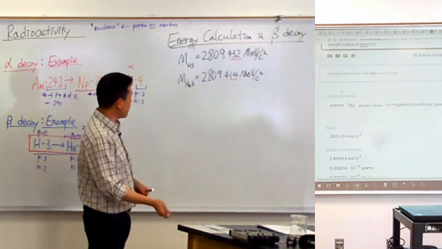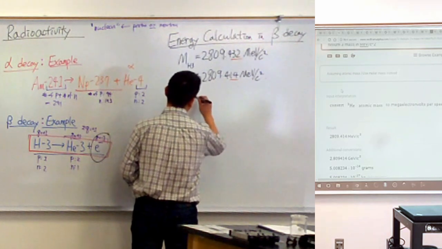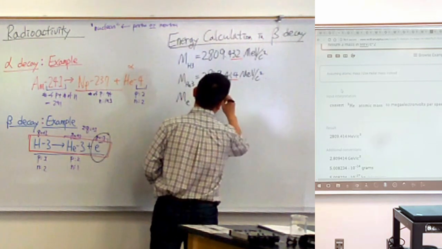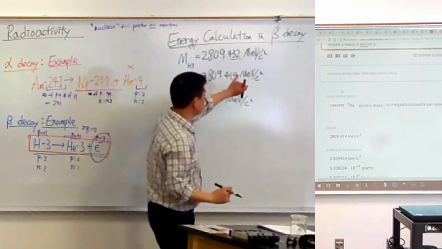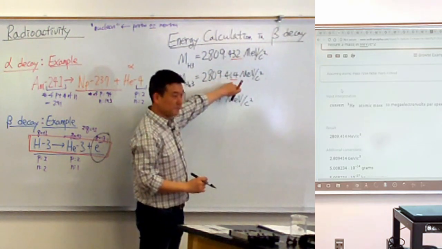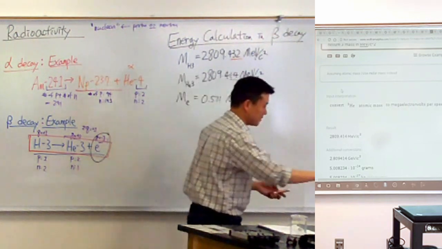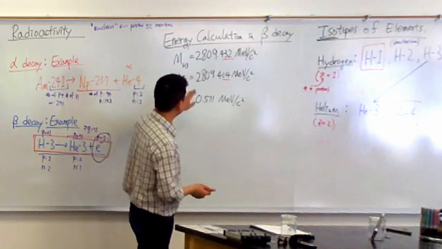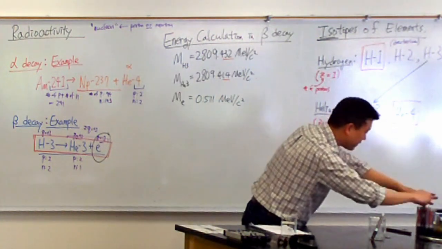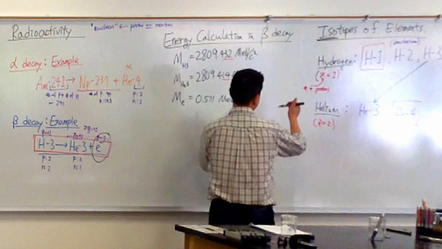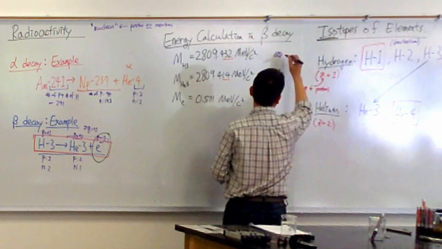But if you think about it too much, as in you think about the mass of the electron, which is 0.511 MeV per c squared, then this difference is not enough, right? And I've experienced this before, and this is why. When you look up tritium mass, this is what they're giving you: the mass of an object with 1 proton and 2 neutrons in the center.